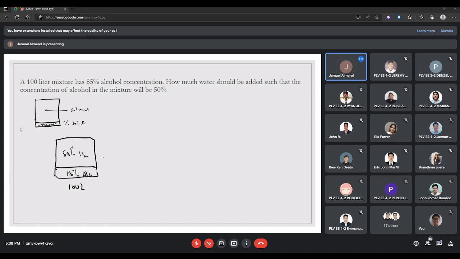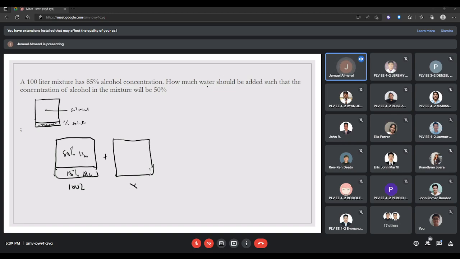Now, it says we add a volume of water. How much water?